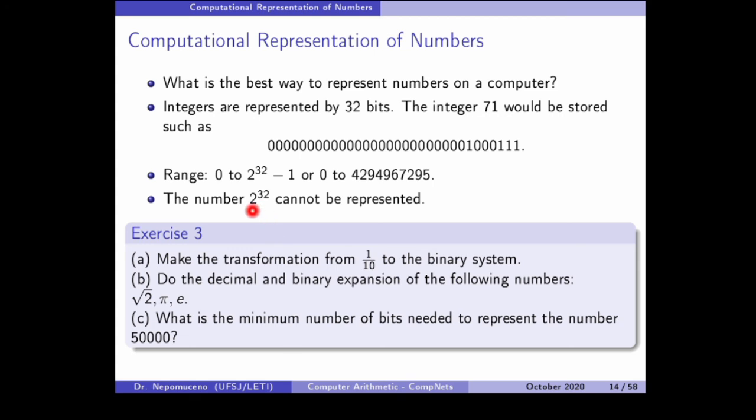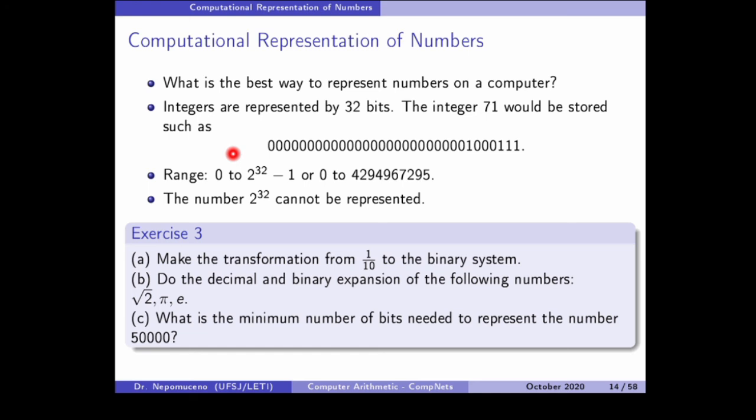Computational representation of numbers. What's the best way to represent numbers on computers? Probably nowadays the most useful is binary, but there are other challenging representations. Let's see what's going on with this technical issue. Integers are represented by 32 bits.